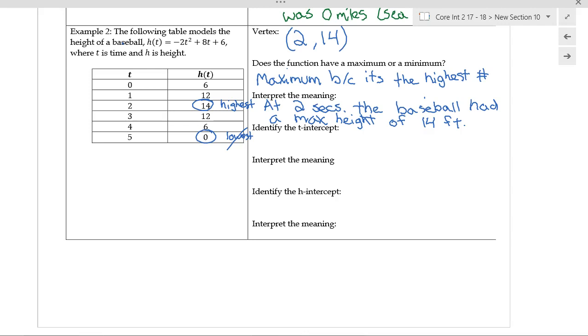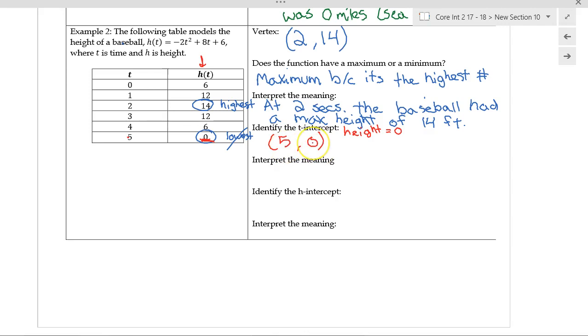All right, looking at the next one, identify the t-intercept. Again, the t-intercept is where height equals 0. So looking under height, 0 is here, so my t-intercept is (5, 0). Interpret the meaning.